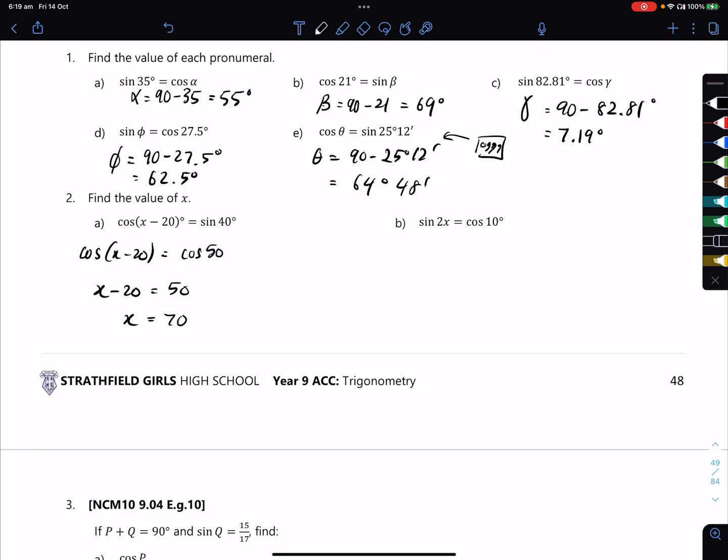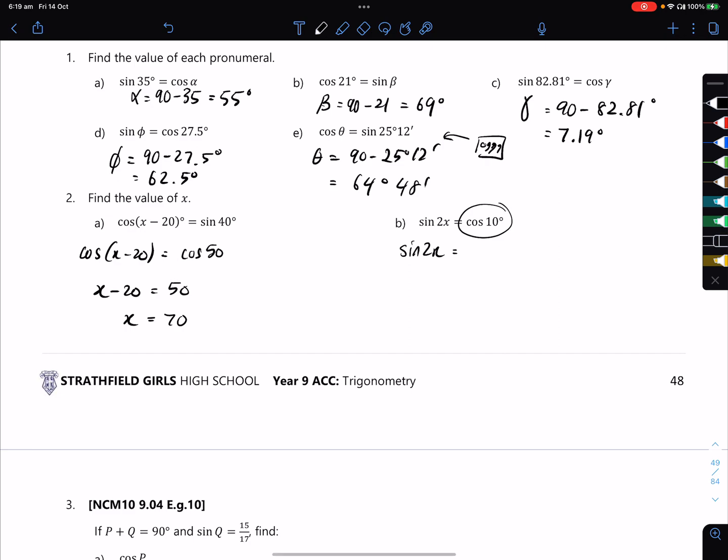Now for question B, same thing. These two are not the same trig ratios, they're complementary trig ratios. We can change the one with the number to its complementary ratio. We can actually do it to the other one as well if you wanted to, but we'll just do it to the number for now.